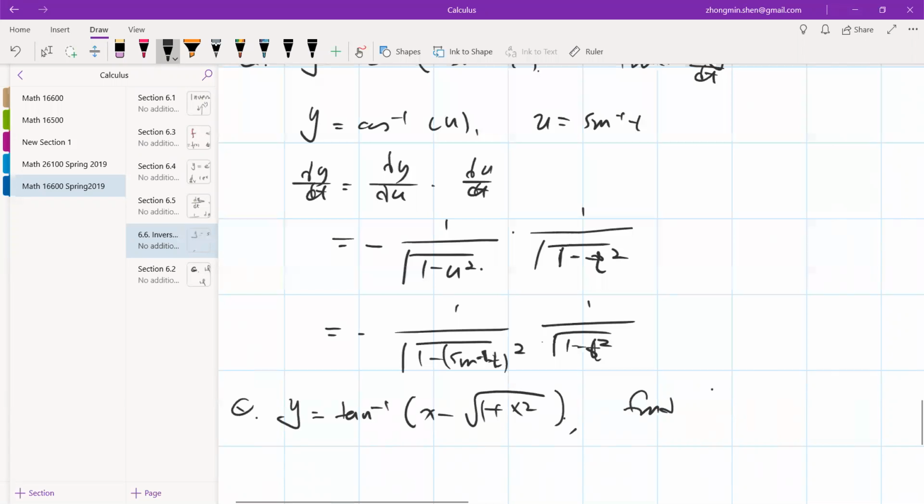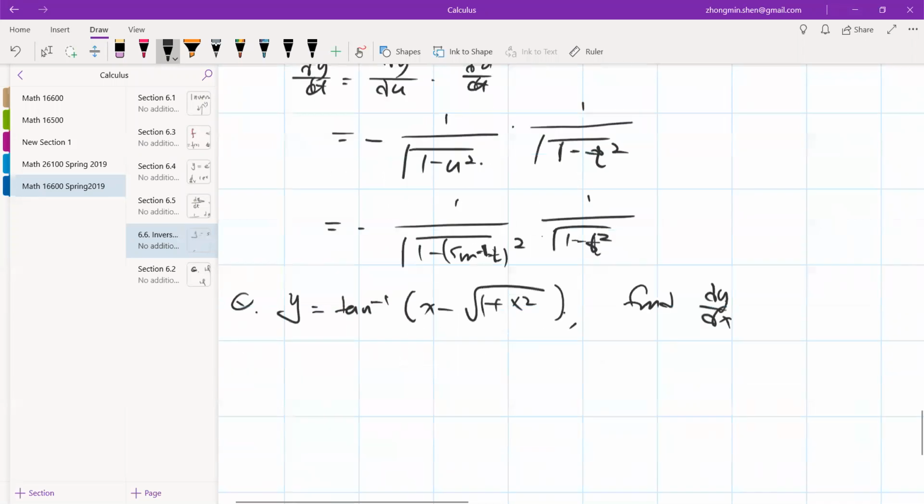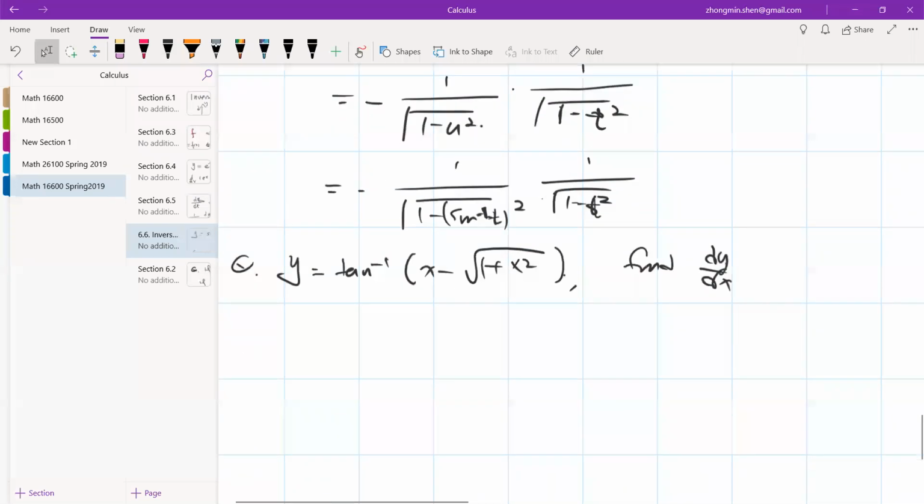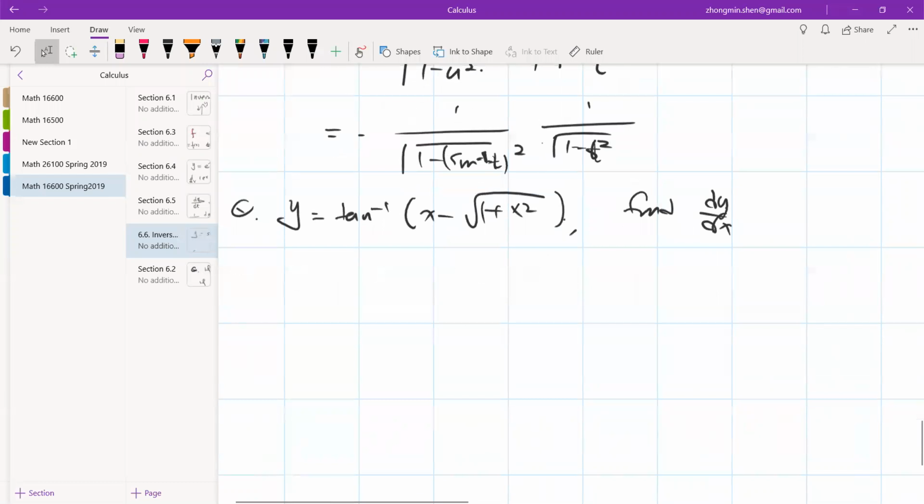Find the derivative with respect to x. All right, so let's do it. You don't need to introduce an intermediate variable, but this time probably we should.